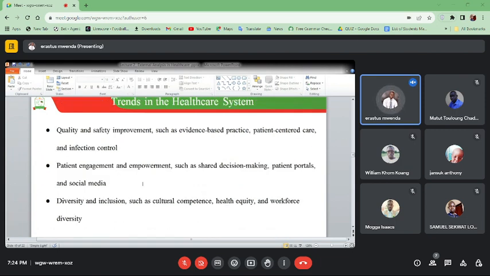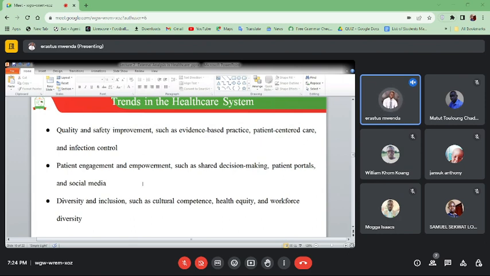Other trends in the healthcare system revolve around quality and safety improvement, where we need to do evidence-based practice. We need to have what we call patient-centered care and infection control where possible. It is also now a current trend where we have a lot of patient engagement and empowerment, where we practice shared decision making.